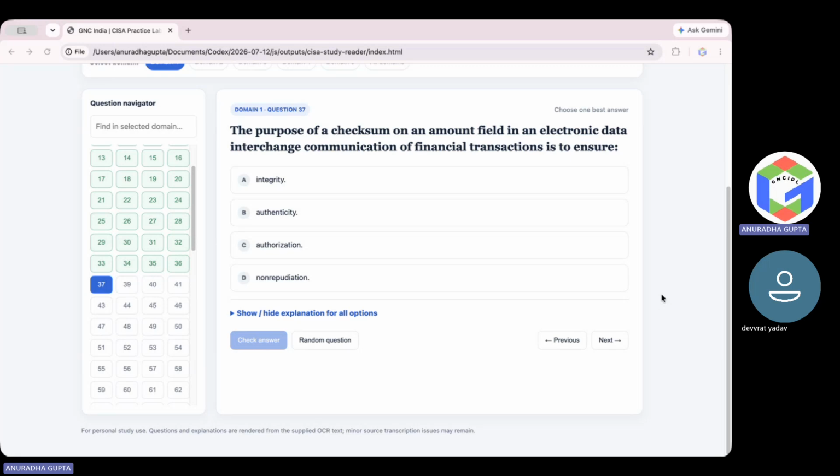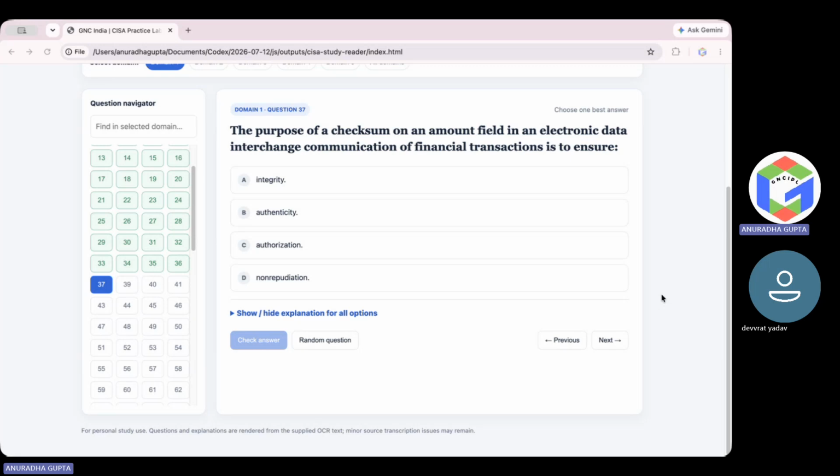Or suppose you have to receive some amount from your friend, so he will ensure that this amount is correct or not. He will check authenticity there, whether your name is reflecting in your account or not. That comes under authenticity.